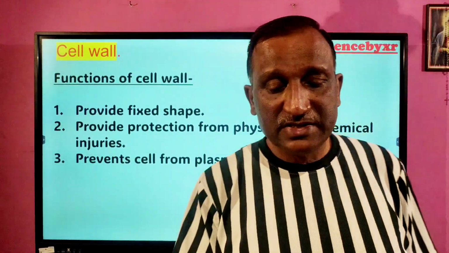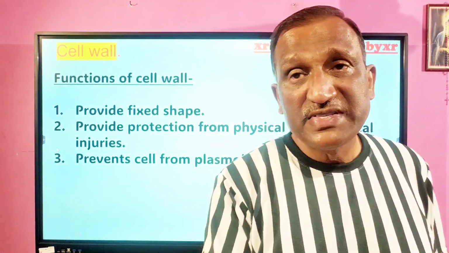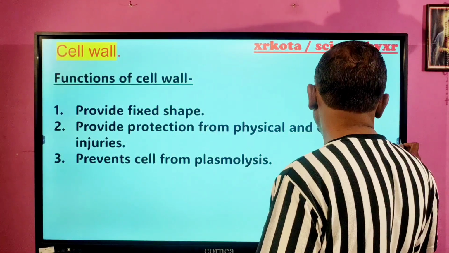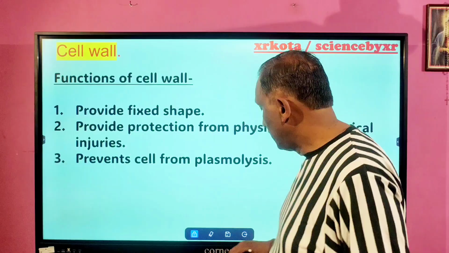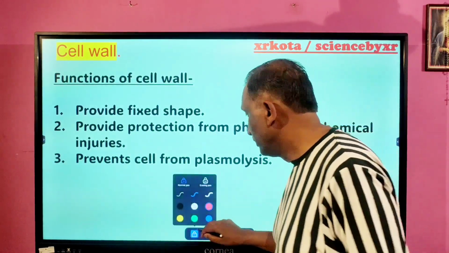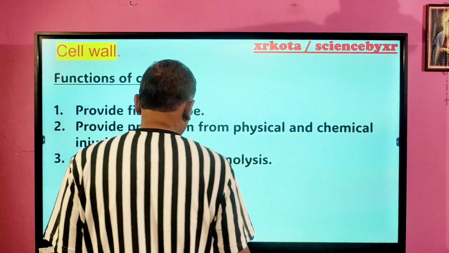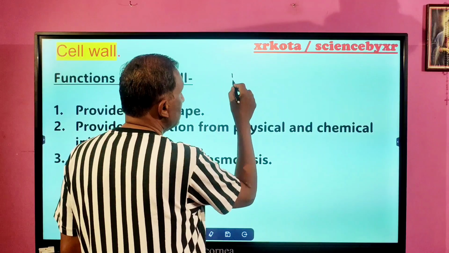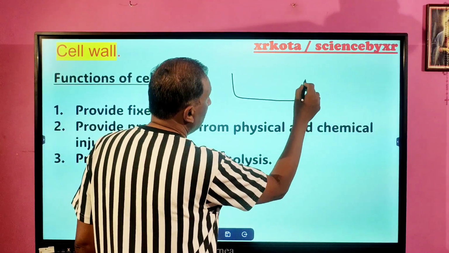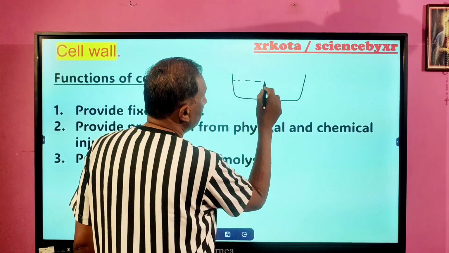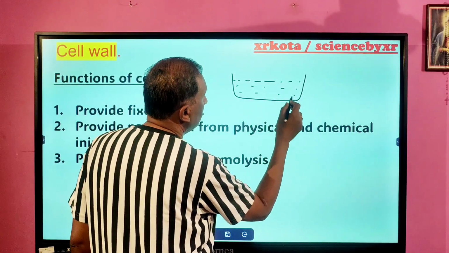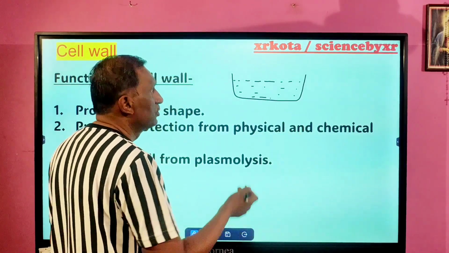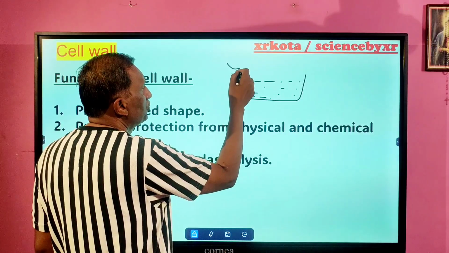Now plasmolysis is a new thing for you. If a cell is placed in a highly concentrated solution, okay, this is a bowl, and we'll take water in it, and in the water we'll add salt, so you can add 3 to 4 spoons of salt.